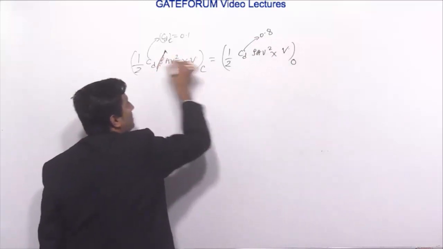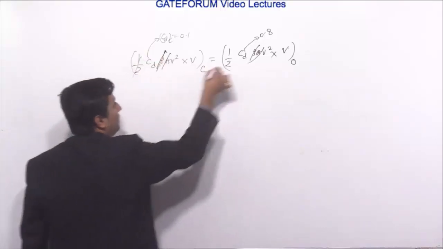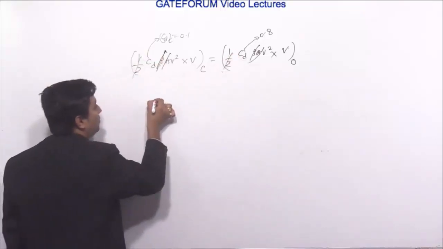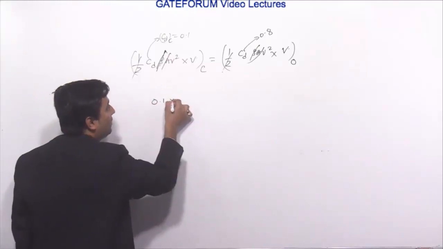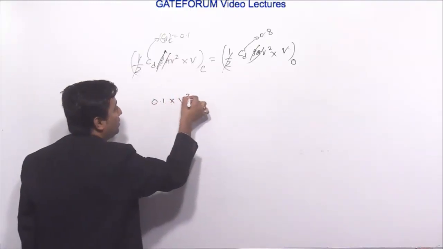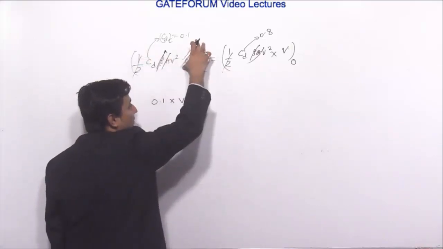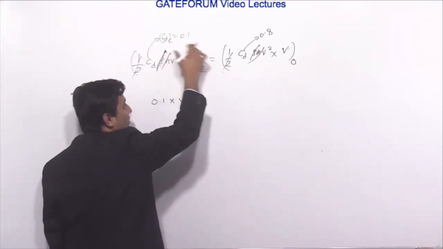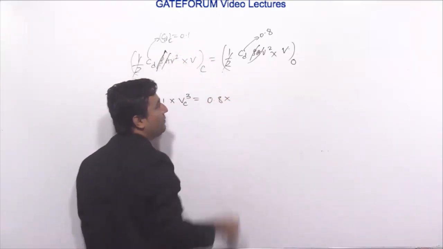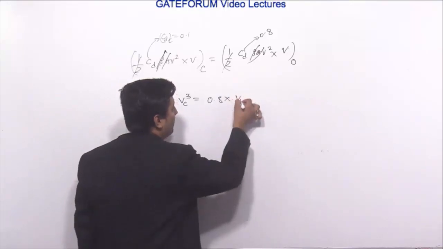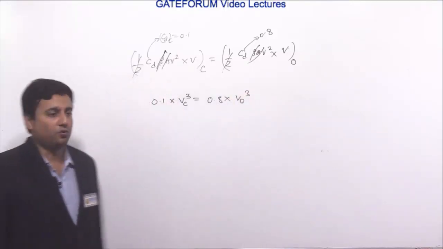There is no density variation and area variation, and the half will also cancel out. So 0.1 multiplied by V closed cube is equal to, that is your power, force multiplied by velocity, Newton meter per second, 0.8 multiplied by V open cube.